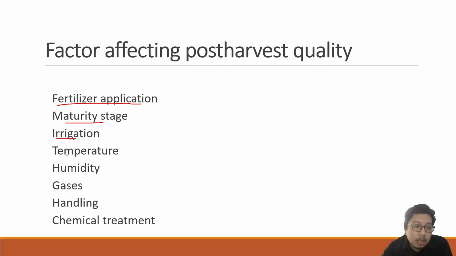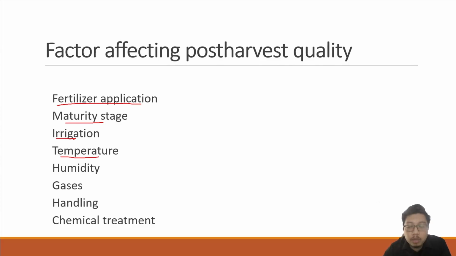And then here is temperature. Temperature can also affect the post-harvest quality. Usually we need a lower temperature, but there is a guideline for every fruit, because not all fruits can be stored at low temperature.